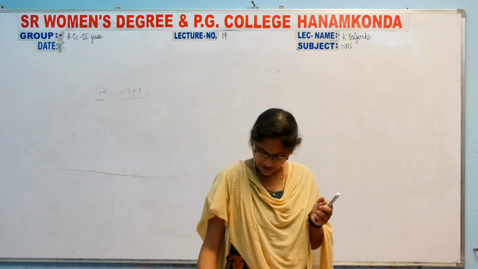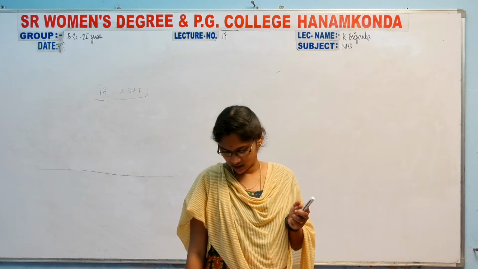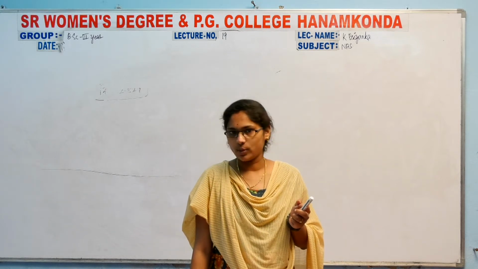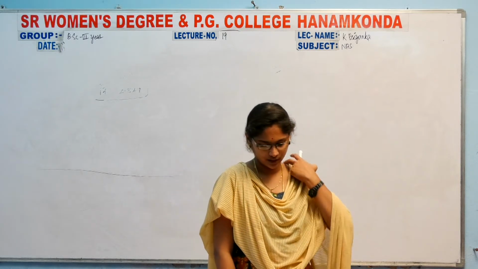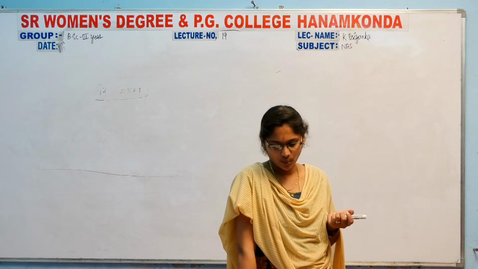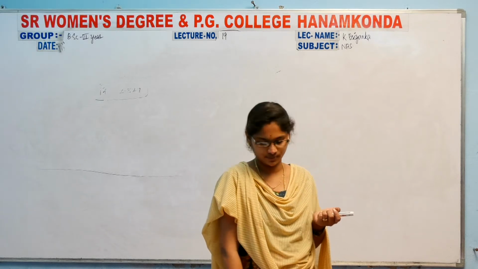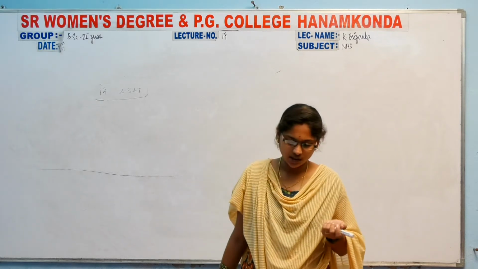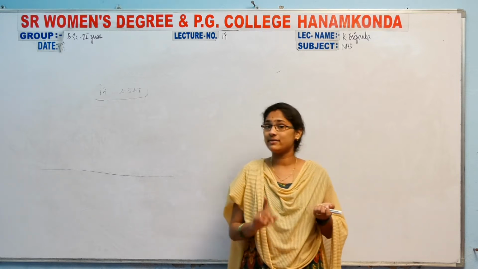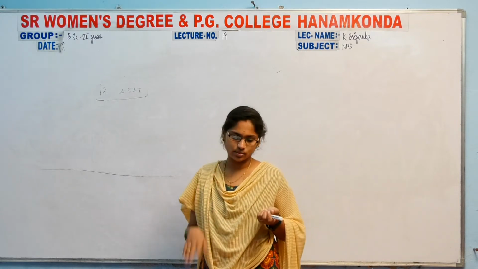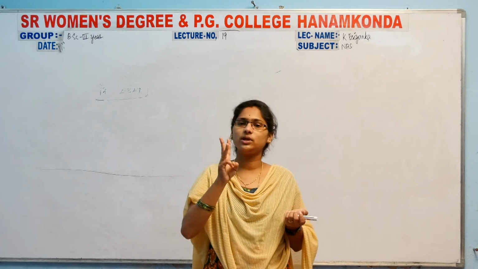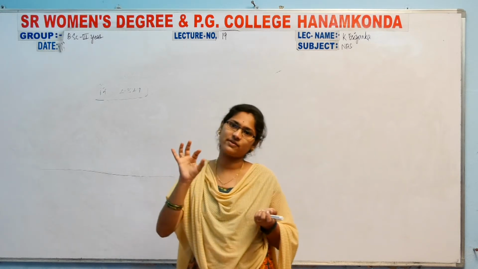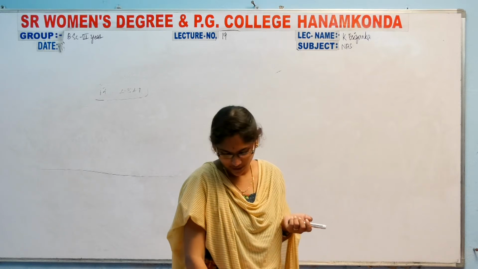You will get x0 is 0.5, x1 is 0.6471, x2 is 0.6566, x3 is 0.6566. Same value we have now, so you can stop the procedure. They asked for the root up to 3 decimals, so 0.656 is the required value.